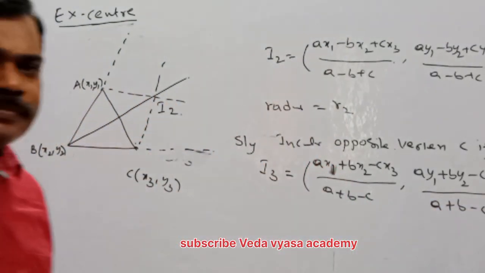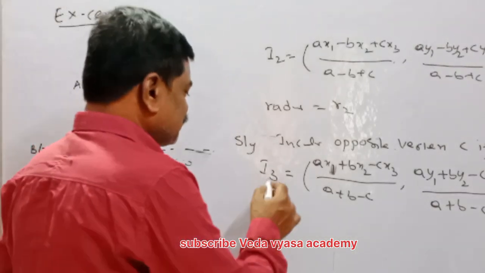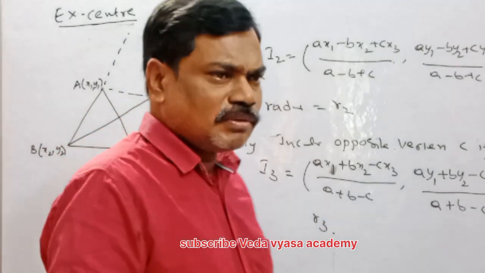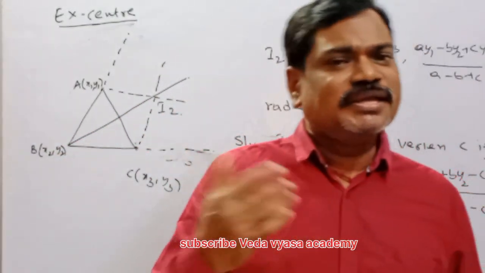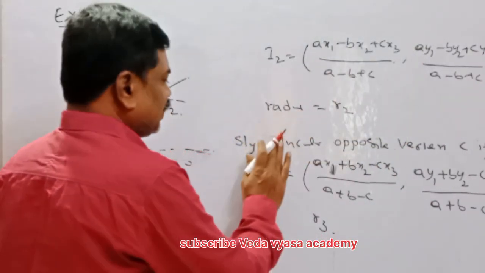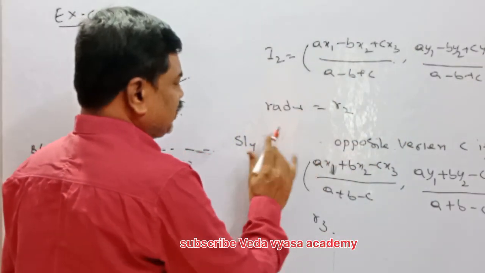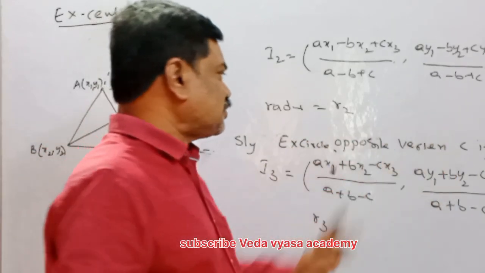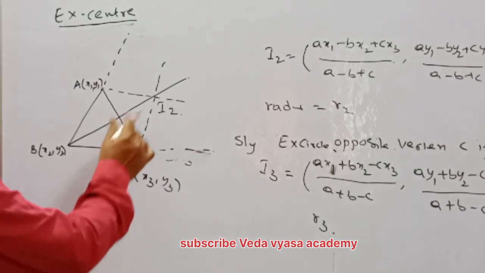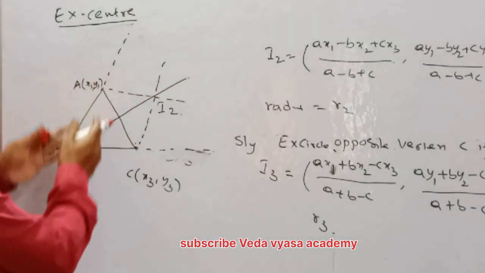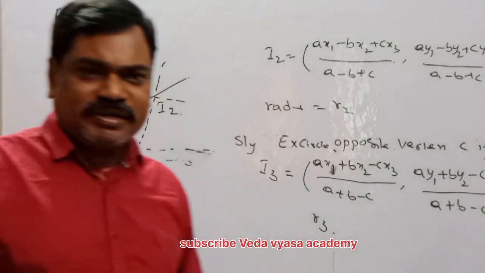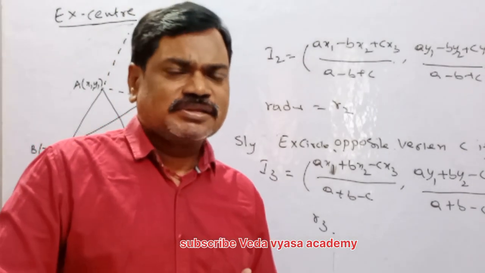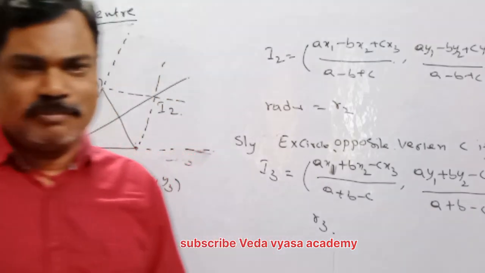These are the excenters, and the radius of I3 is r3. Okay, these are the excircles, the excircles opposite to the vertices A, B and C, and the incenter and centroid are completed.